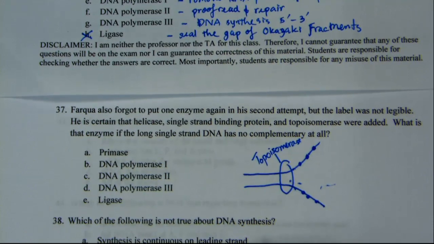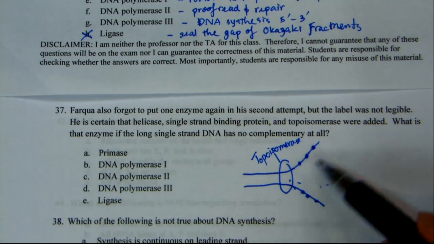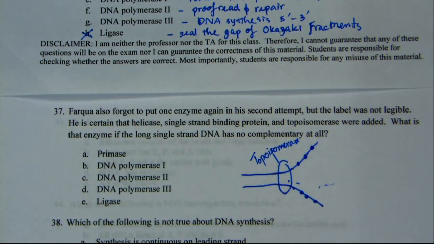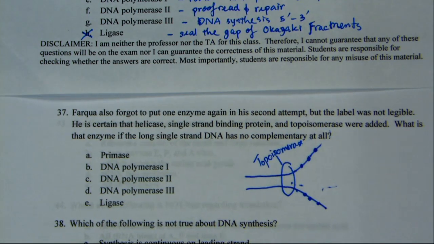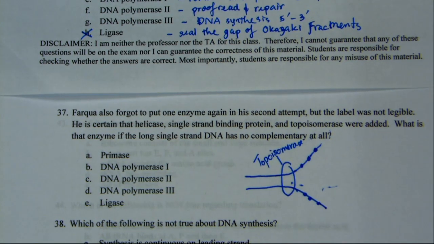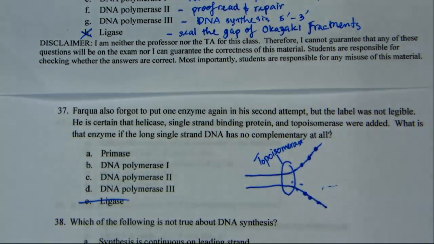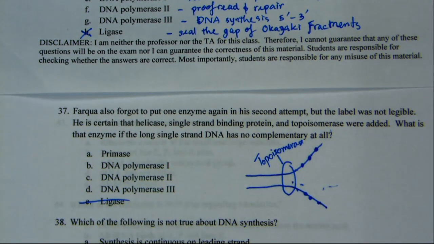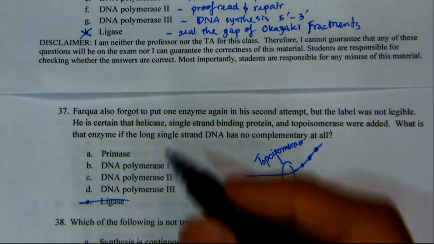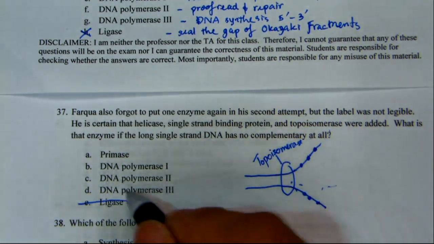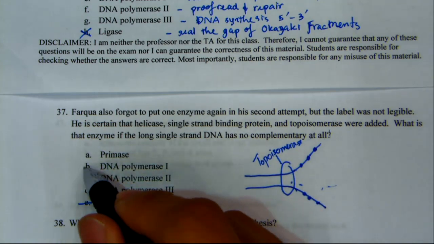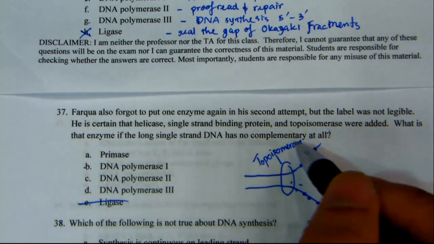Okay, so then they said there's no complementary strand on each of these strands at all. So which one did we forget? Ligase definitely not, because we don't even have DNA in it, right? Polymerase 2 and 3, we don't have. Polymerase 1, you can't even remove anything.